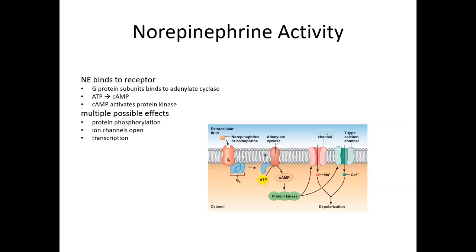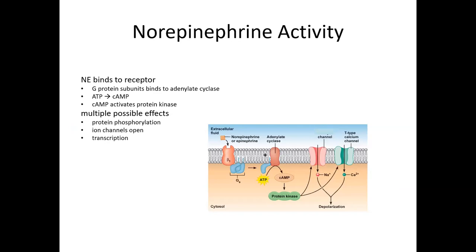And as you recall, cyclic AMP activates protein kinases. So we all know that kinases do phosphorylation. So yes, it can phosphorylate a protein, but in addition to that, it also can open ion channels, some calcium channels, not the slow ones, and some sodium channels, and also can have something to do with transcription.